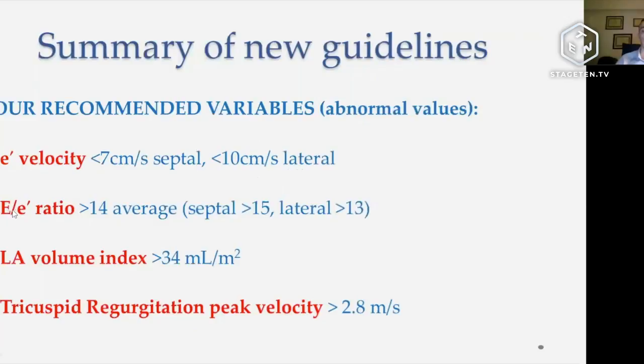Similar for the E/E prime ratio, which on average is more than 14, or more than 15 if we use E prime from septal level, and more than 13 if we use E prime from lateral level. And then LA volume index more than 34 mL per meter square of BSA, body surface area, or a tricuspid regurgitation peak velocity of 2.8 or more meters per second, which translates into a gradient between the right atrium and the right ventricle of roughly 32 millimeters of mercury.